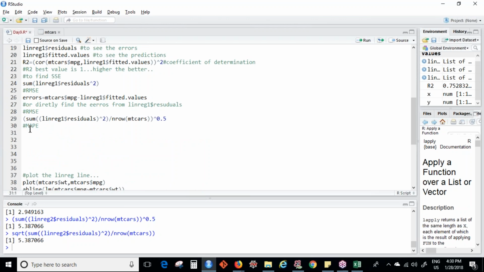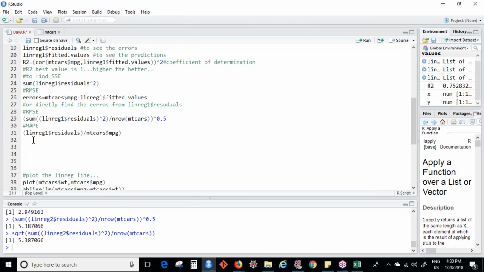So MAPE is nothing but I can take linreg1. First thing is I have to calculate the error. So residuals is nothing but actual minus predicted. I will divide that by the actual values. My actual values are in mtcars dollar mpg, miles per gallon. I have divided my actual minus predicted by my actual.